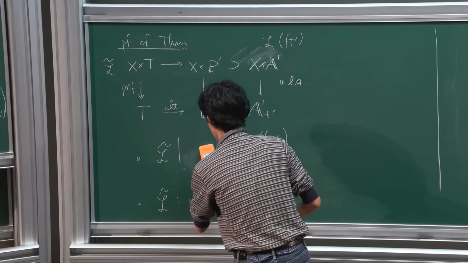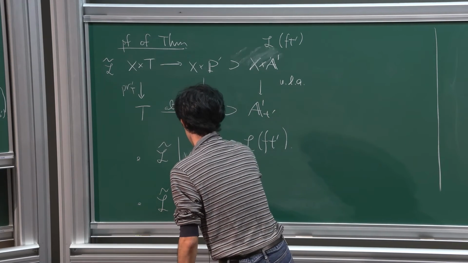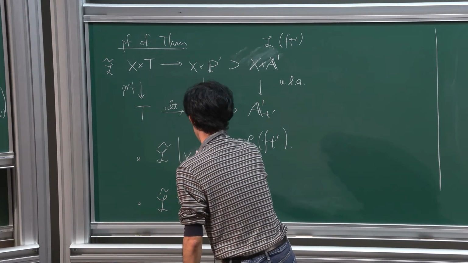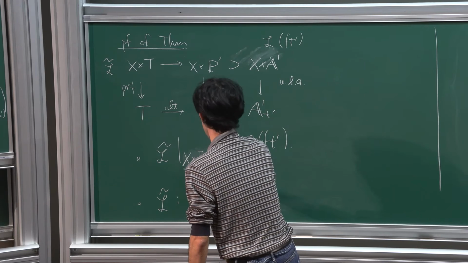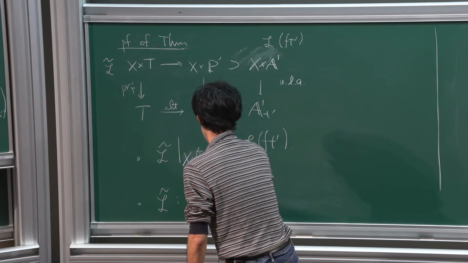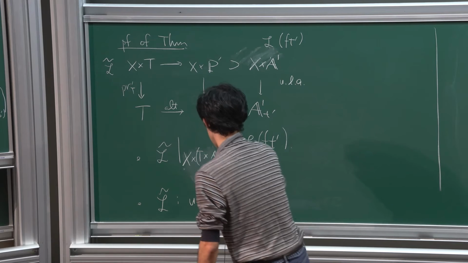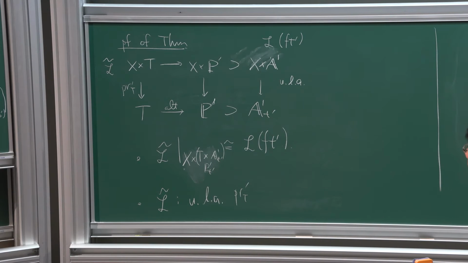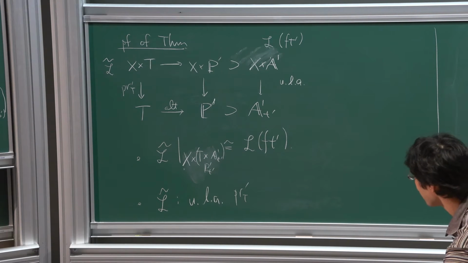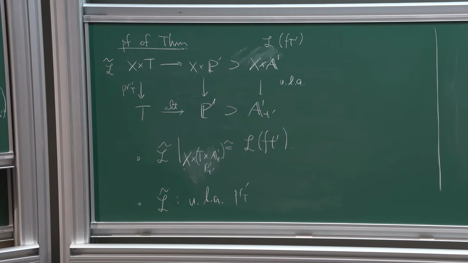So T, X cross T cross, so it's a P prime A1. I think, yeah, oh no, it has to be. Yeah.